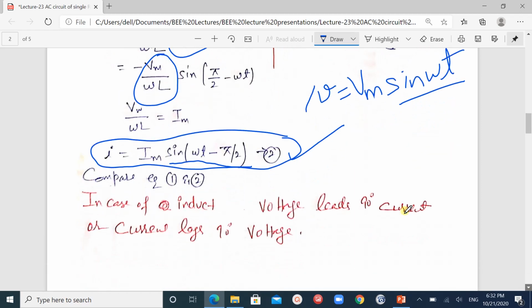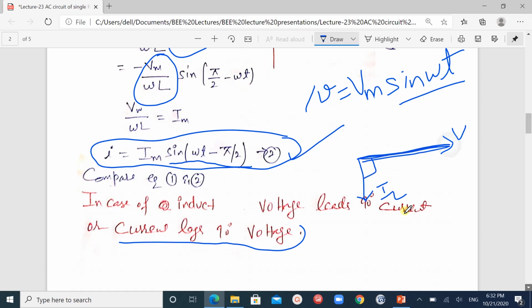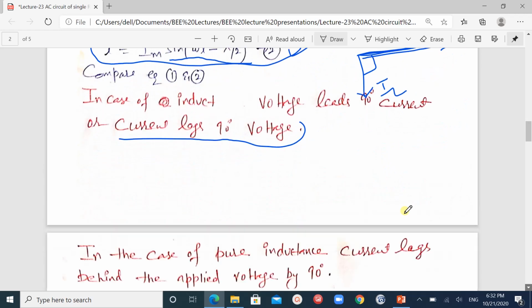So from this we conclude that in the case of inductance, voltage leads current by 90 degree, or we can say that current lags voltage by 90 degree. Means that if we are having the voltage, this is our voltage V and this is the current which lags behind. Okay, either the voltage is leading the current or the current is lagging the voltage. We can say in both ways.